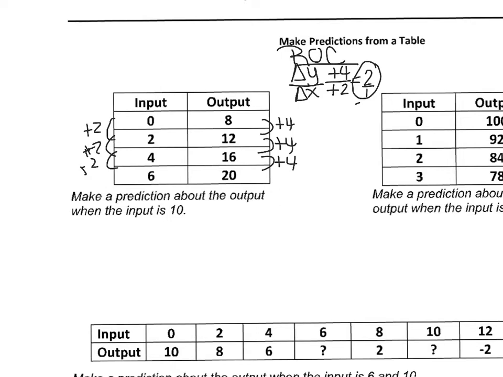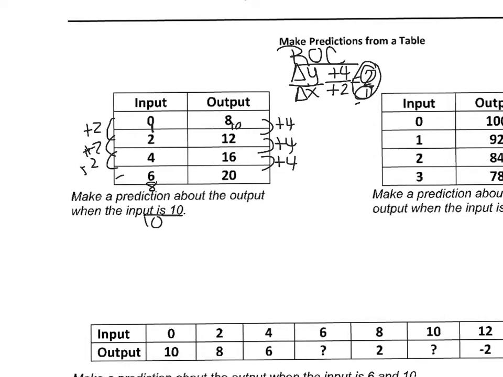All right, so for every 1 in my x, it's going up 2 in my y. It says make a prediction about the output when the input is 10. So if they're going up by 2 here, we can just go ahead and say 6, 8, 10.